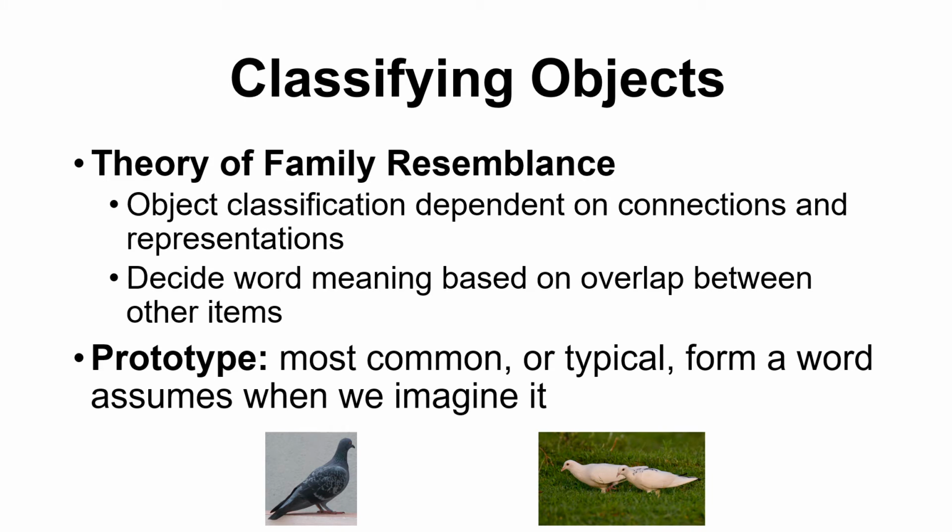So maybe we see a bird, like this bird down here on the left-hand side. We might know that that's a pigeon, not because we have seen this exact image of pigeons before, but because it has the general shape and size and color that we've seen before with pigeons. So it fits that family. We could classify it as a family based on our prior experience. Now, depending on what part of the world we're from, it might be very rare to actually see, say, white pigeons.